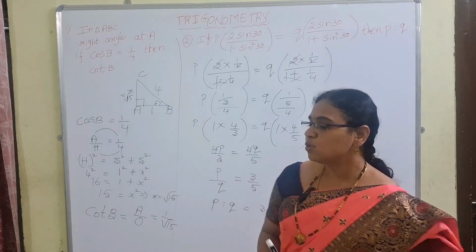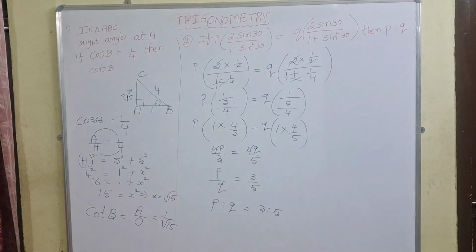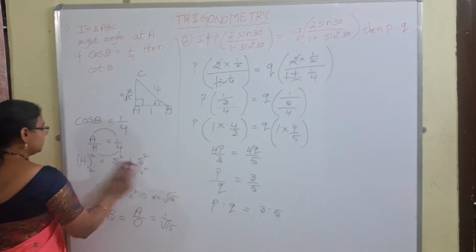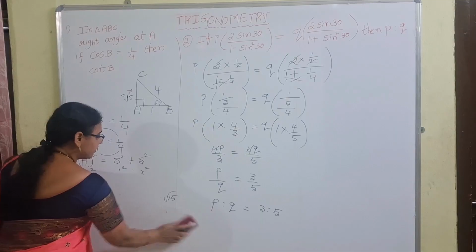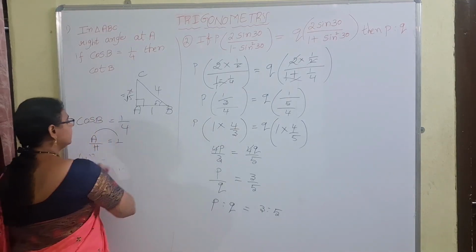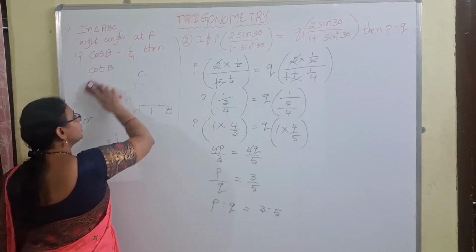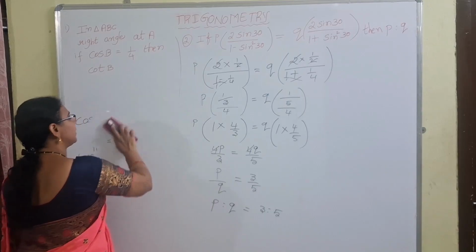These two questions were already given in the betterment exam. So when the questions are from a previous board exam, we concentrate a little more. Don't leave it. Did you remember the formulas? In the first video of trigonometry, I already explained.